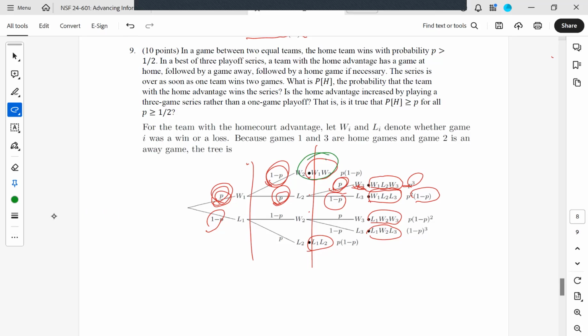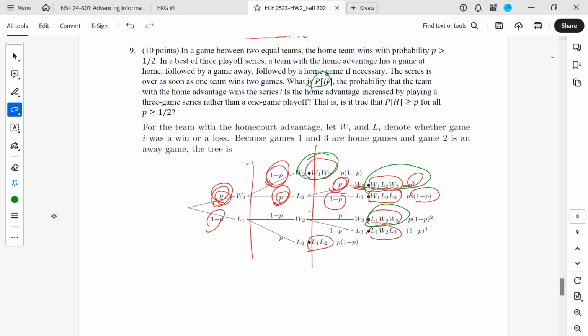Either the first element, W1, W2, or the second element, W1, L2, W3, or the fourth element, which is L1, W2, W3. Any one of these elements would result in the win of the home advantage team. Because either one of them could happen, there is an or situation between them, so you have to add the probabilities of each element to each other. So you have the probability of event H, which is the winning of the home advantage team.